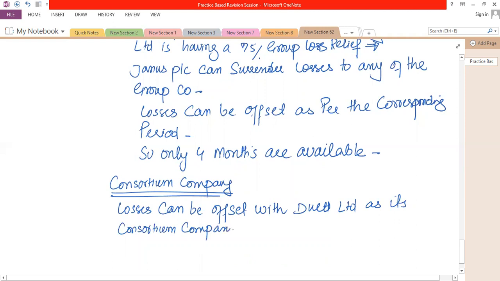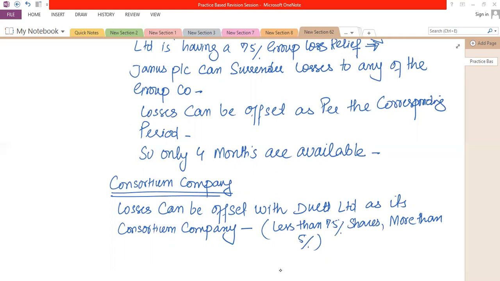So we have less than 75% shares and more than 5% shares. Okay. So you can explain also why it's a consortium company, although it has been written. If you don't write it, then at least it has been written in the question that it's a consortium company.